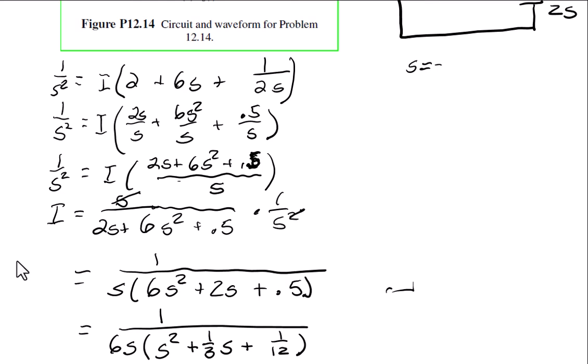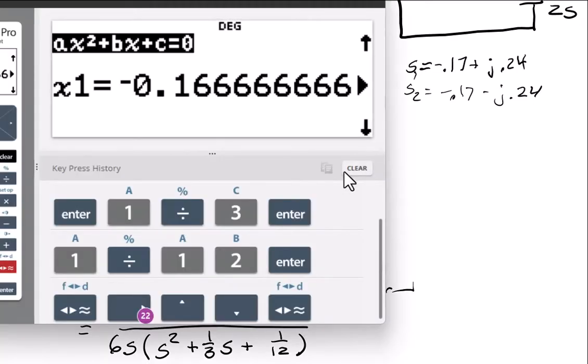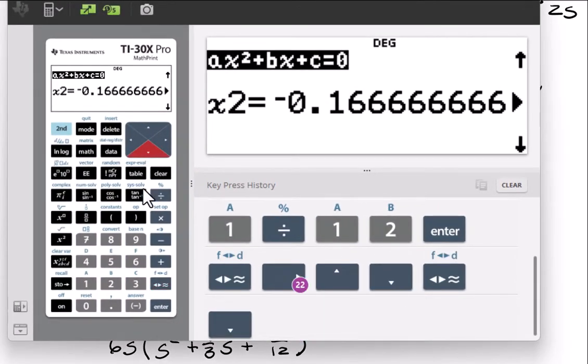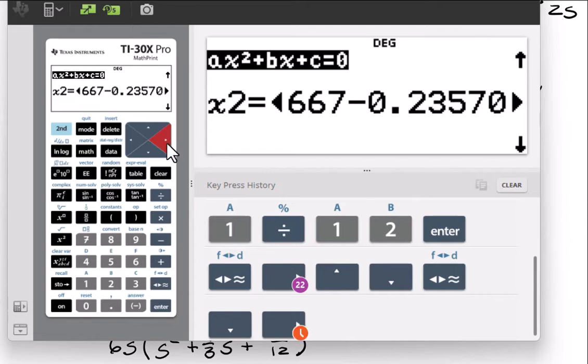S equals negative 0.17 plus J 0.236. I might just do that as 0.24. And I know, so that's one solution. The other solution is going to be negative 0.17 minus J 0.24. They always come in conjugate pairs, but the calculator will tell me that if I ask for the next solution. And I go over to the right, I'll see it's the same thing, minus 0.234.